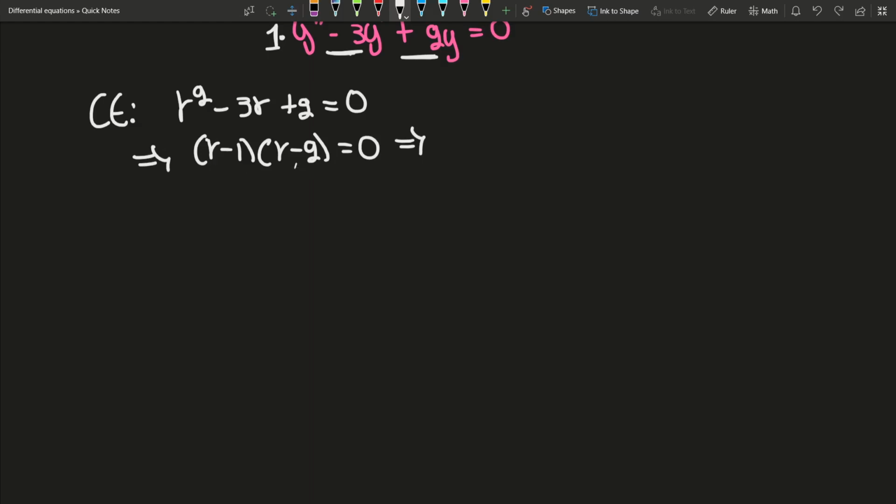So we have two solutions. The first one is r1 equals 1, and the second one is r2 equals 2. Because if we substitute either one of those here, we're gonna get the 0 that we want.